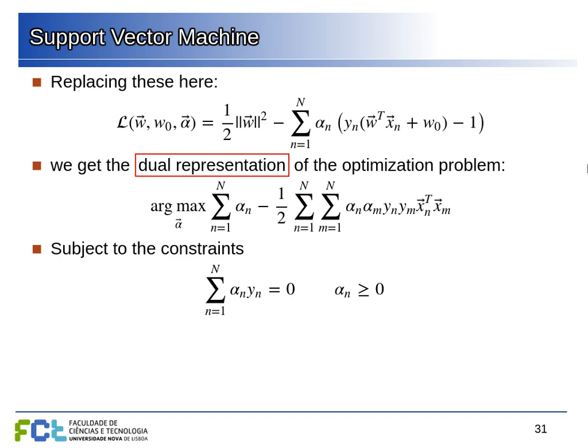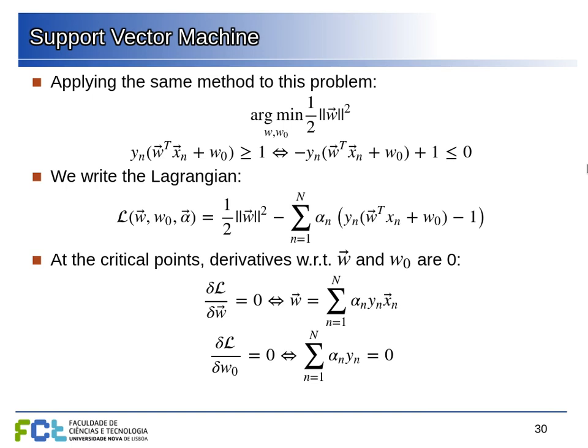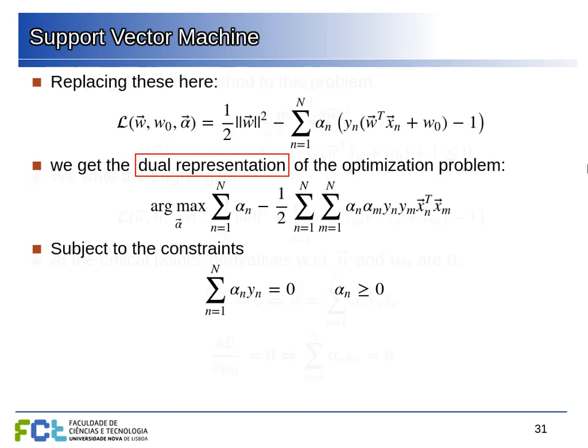So we have as many alphas as data points in our data set, minus 1/2 this sum of the inner product of all pairs of vectors, multiplied by their corresponding classes, multiplied by their corresponding Lagrange multipliers. So this is the important thing. This is what we get when we replace the expressions for the derivatives at 0 in the original Lagrangian.